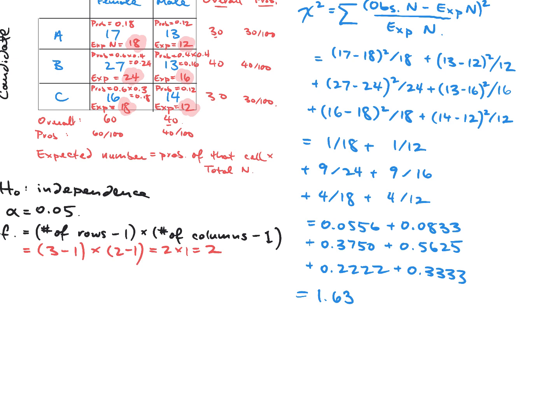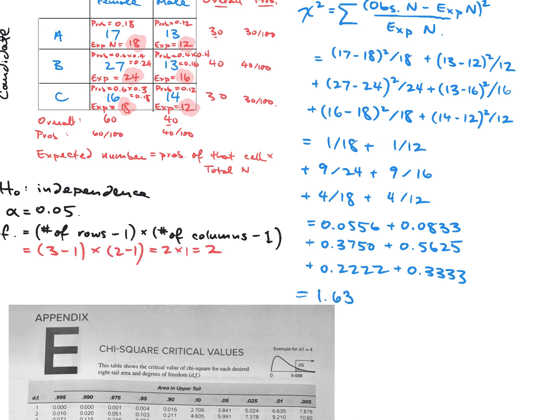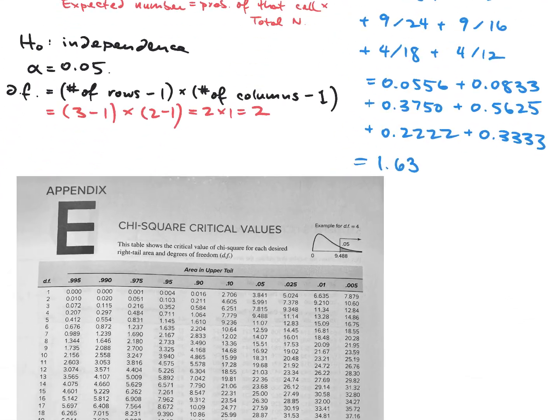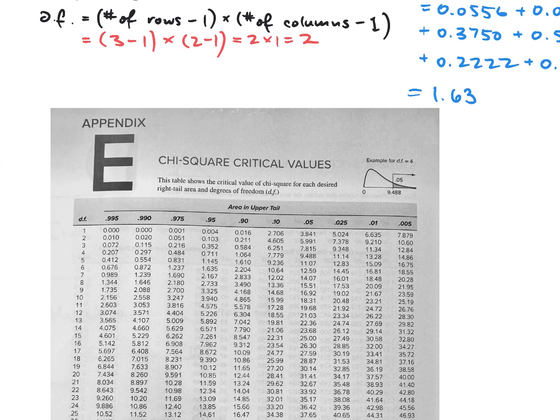We need to look at the table for our critical value. So we go to the table for the chi-square distribution. And let's see, number of degrees of freedom. In this problem, we had 2 degrees of freedom, right? And we wanted to test at the 95% confidence level, so alpha equals 0.05.